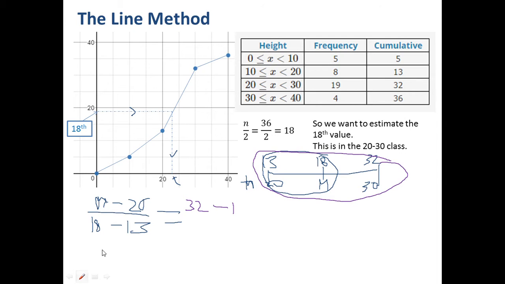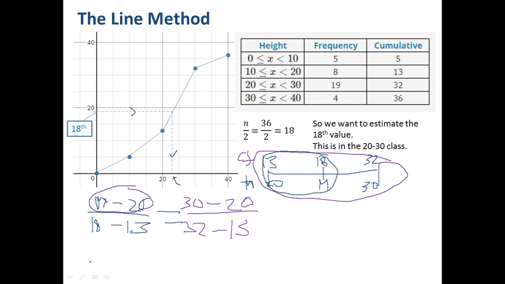I normally do it around this way, so I don't know why I've done it around the other way. Because my median is on the numerator, I need to make sure I put the heights on the numerator, 30 minus 20, over, and my cumulative frequencies go on the denominator, 32 minus 13.